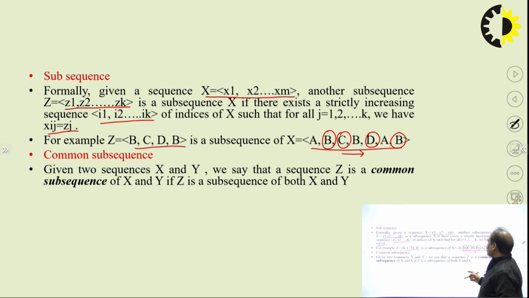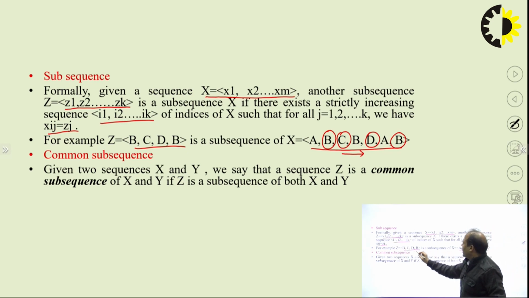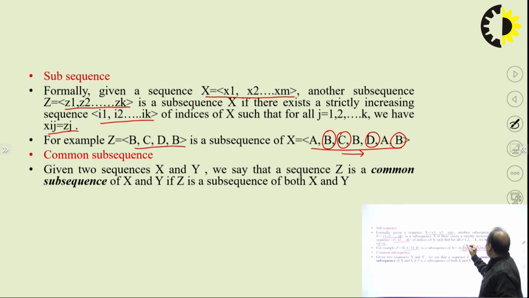Z is a subsequence of X because the entire Z should be found in X with an increasing order of indices. B is found at index number 2, so C must be found at a higher index. So C is found at 3. Then D is found at the next index, 5.